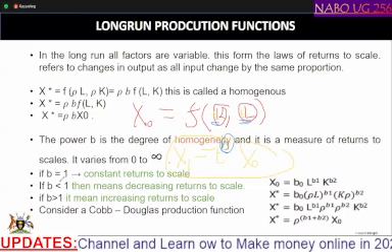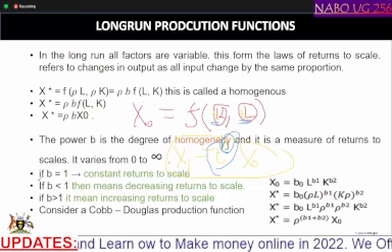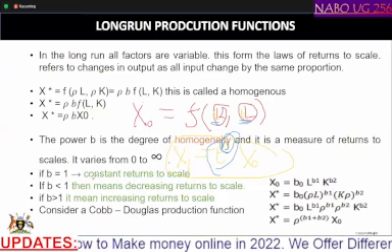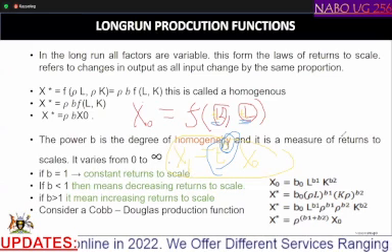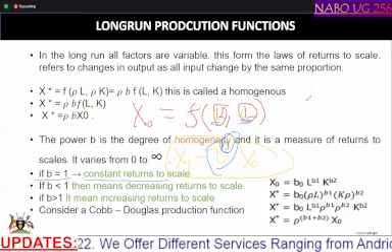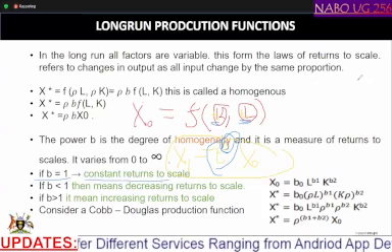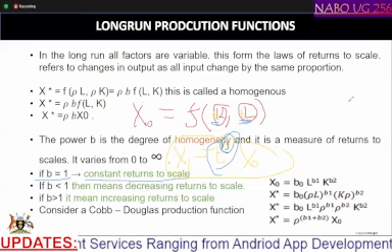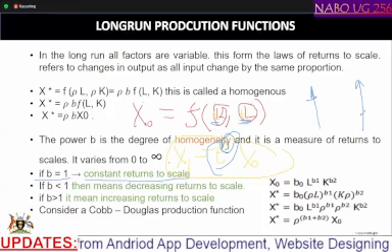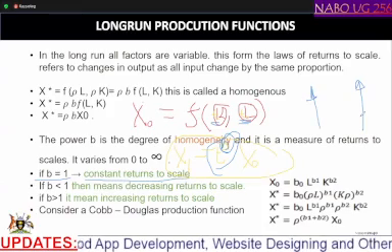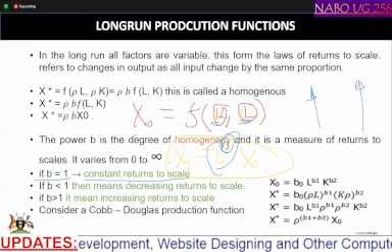If my B is 1 here, we have constant returns to scale. What does constant returns to scale mean? If I double my factor inputs, my output will double. That's the meaning of constant returns to scale. Doubling output is brought by doubling factor inputs.